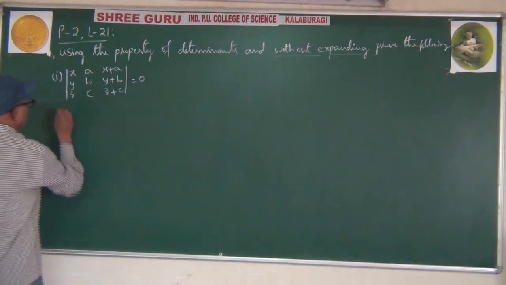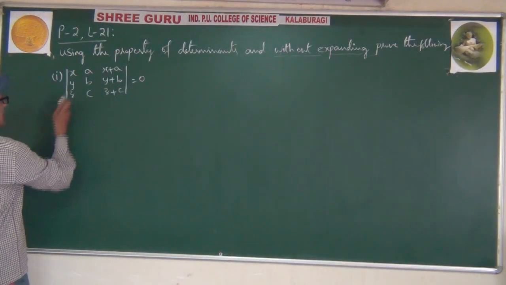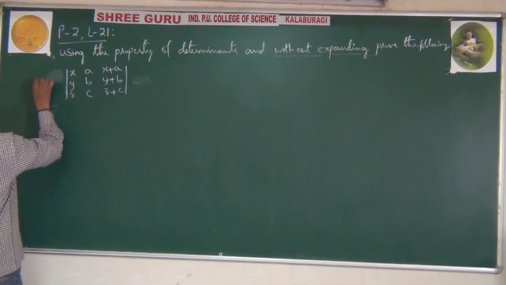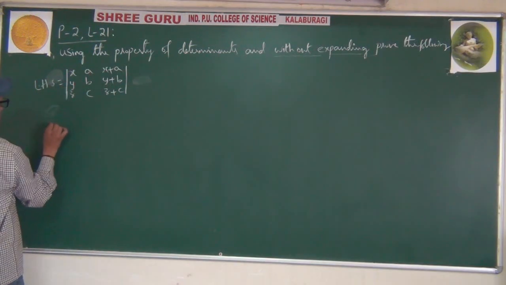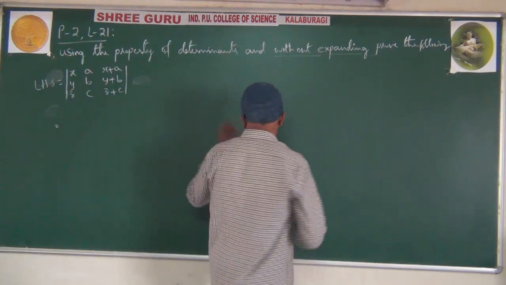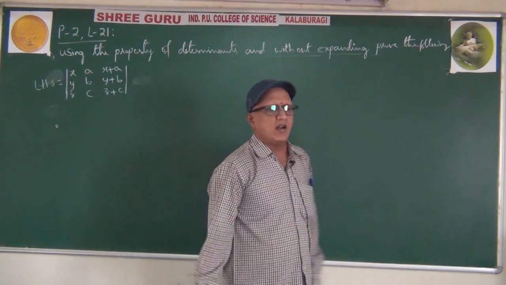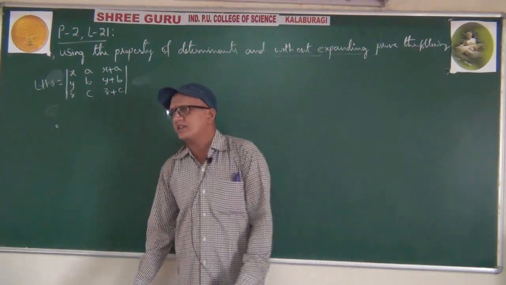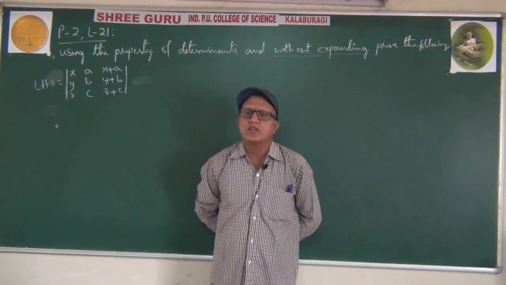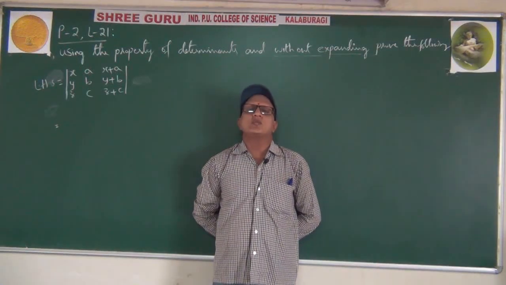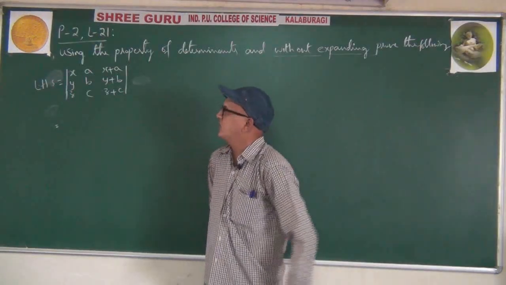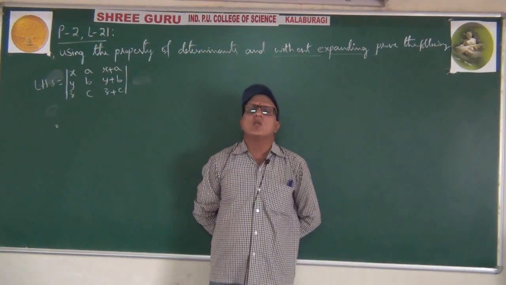Okay, no problem. Solution. This is LHS, I am writing here only. Which property do we have to use? The answer is 0. Answer is 0 means, 99.99999%, either 2 rows are same or 2 columns are same.